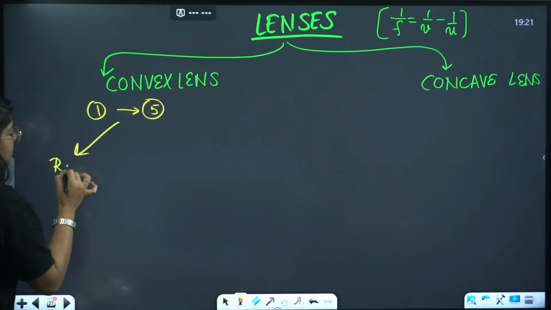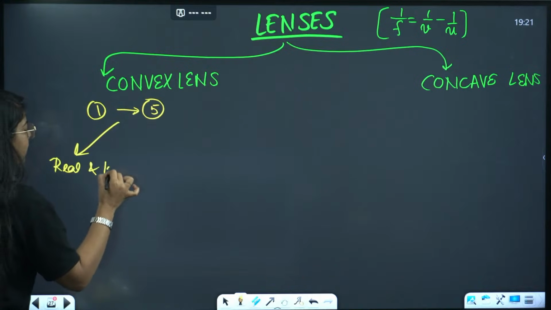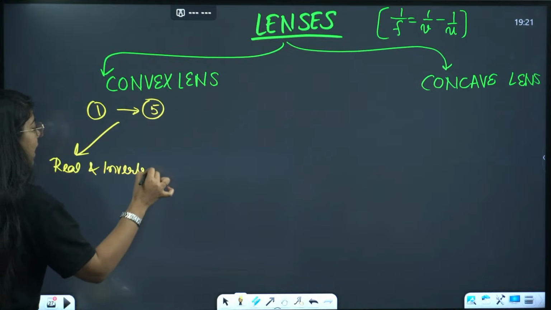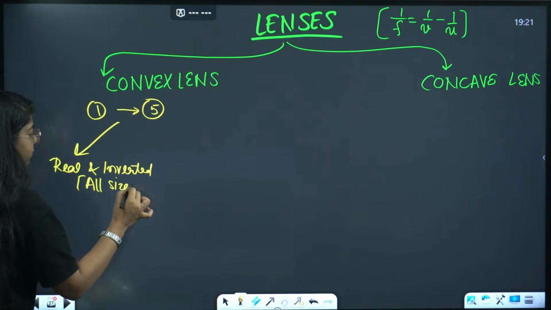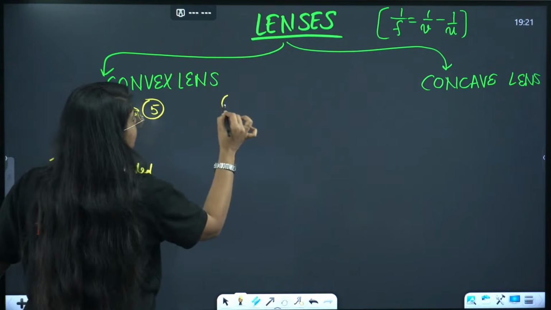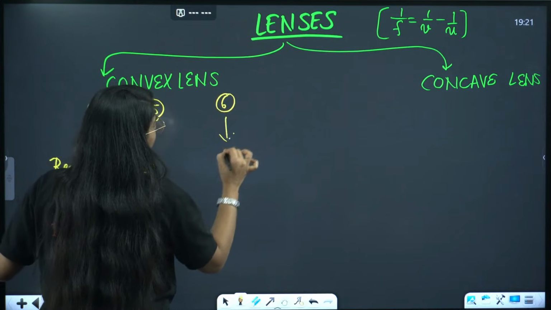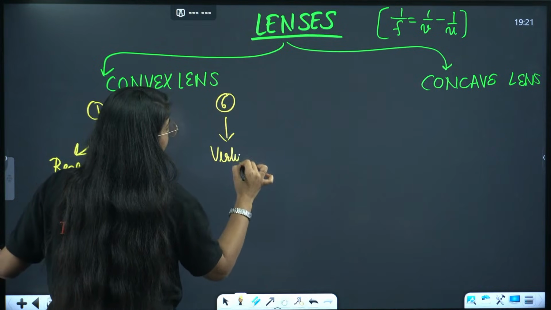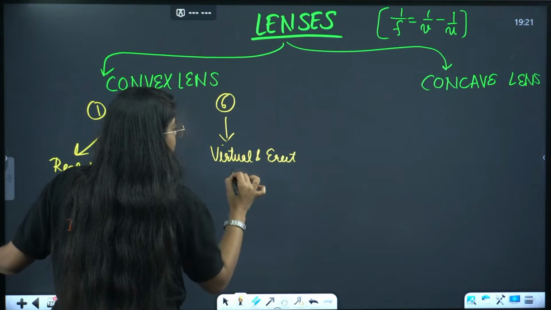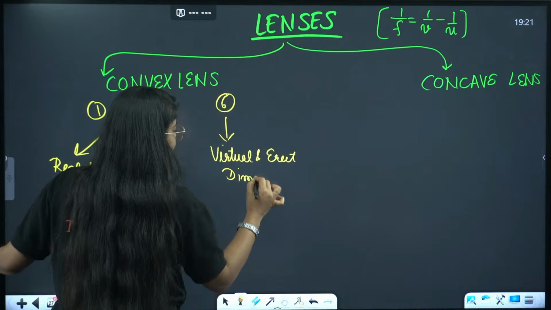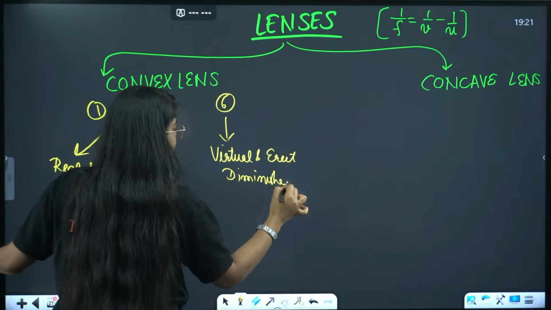First to 5 cases, it is real and inverted, right? And it is made of all sizes. Okay? And in 6th case, the image is virtual and erect, and it is always diminished in size.